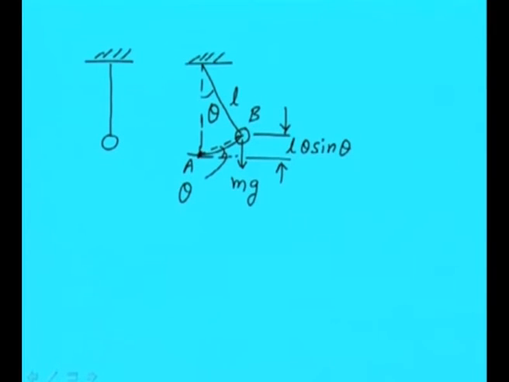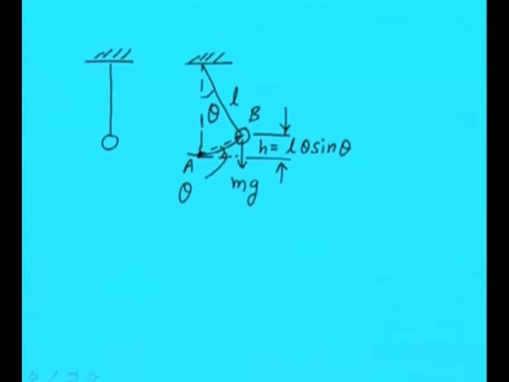So this particular height H will be AB into sin theta. So H is L theta sin theta.